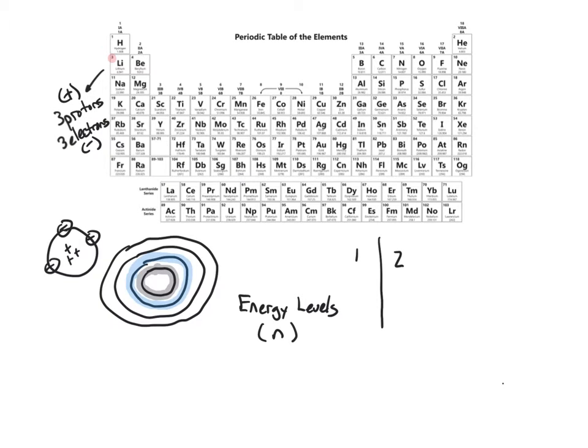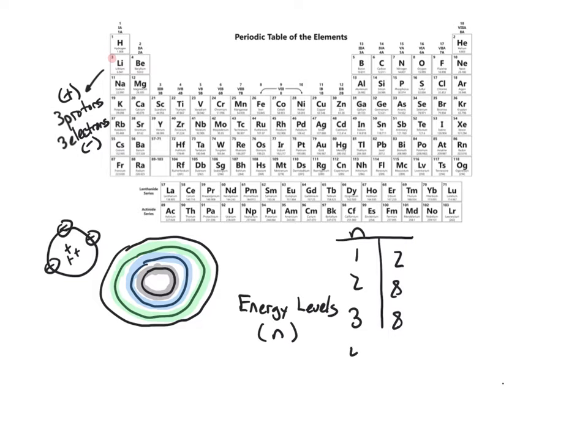Now the second energy level is a little bit further away from the nucleus, and it's a little bit bigger. As you can see, the circle is bigger. So on the second energy level, which we'll call energy level N number 2, you can have up to 8 electrons on that ring. Now the third energy level, which I'll highlight in green here, can hold also 8 electrons.